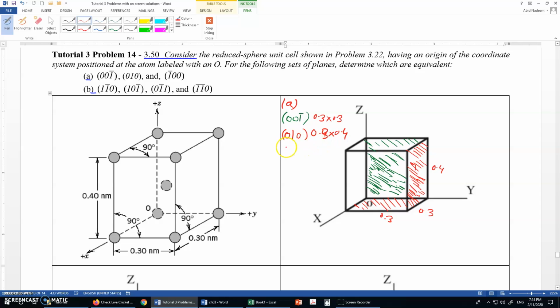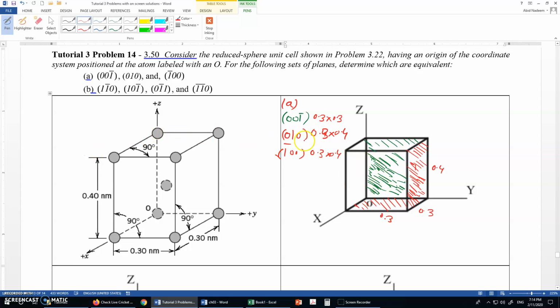Okay, and the third plane was 1 bar 0 0, 1 bar 0 0 over here. So it has the dimension of 0.3 by 0.4. So these two planes, 0 1 0 and 1 bar 0 0, have the same dimensions and the same number of atoms.